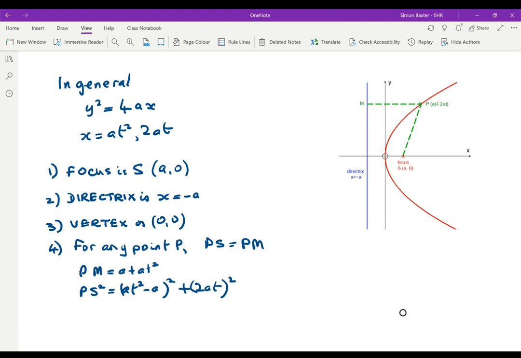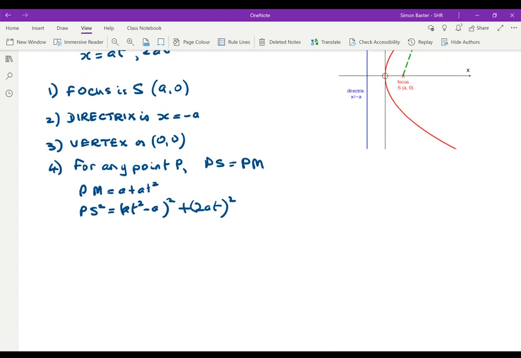Okay, let's just move the board a little bit, give myself some space. Multiplying out, we get a squared t to the 4 minus 2a squared t squared plus a squared. Squaring the bracket at the end, I get 4a squared t squared.